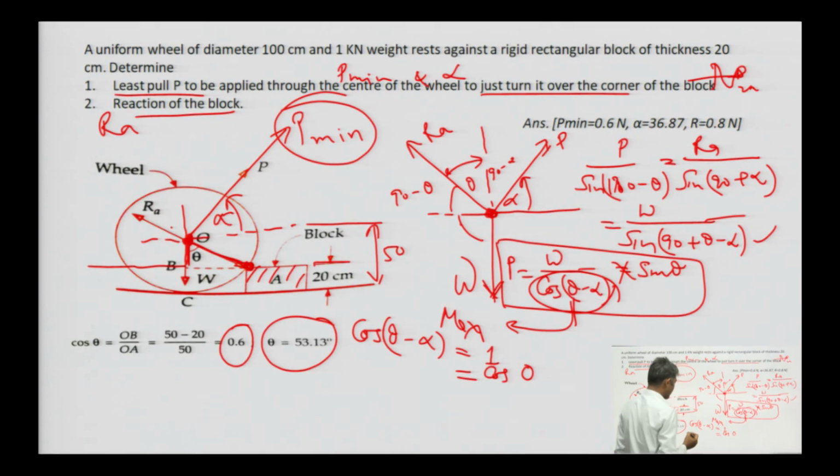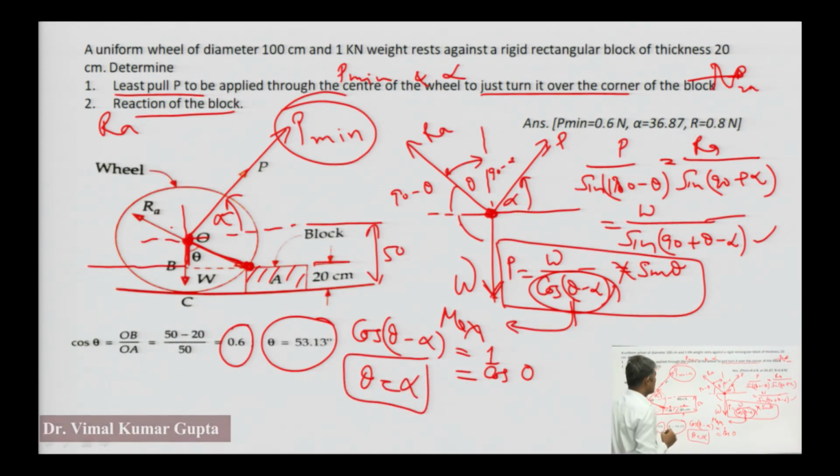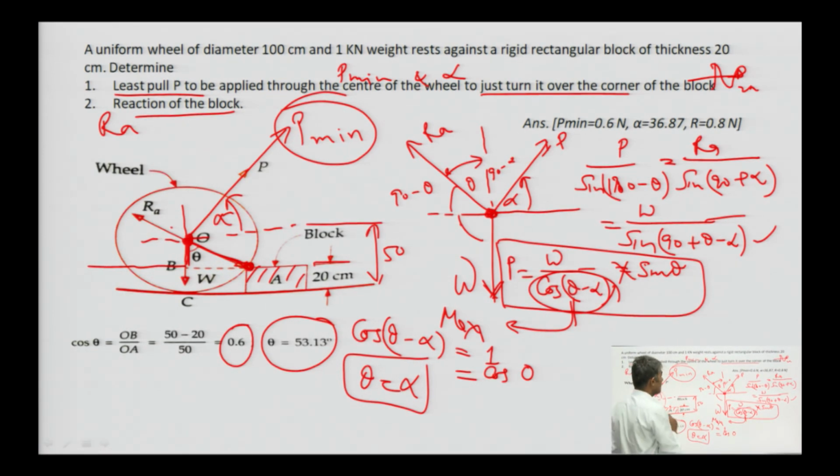Yeah, cos 0 means what we are getting? We are getting theta is equal to alpha. Theta is equal to alpha. So, this is the condition for minimum value of P.